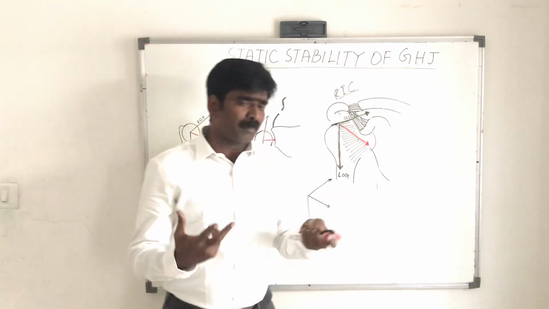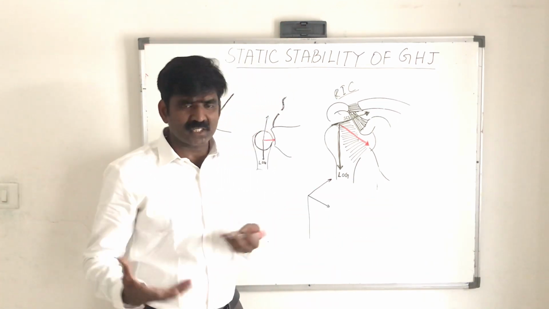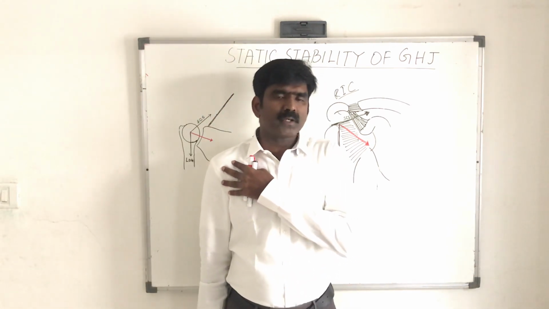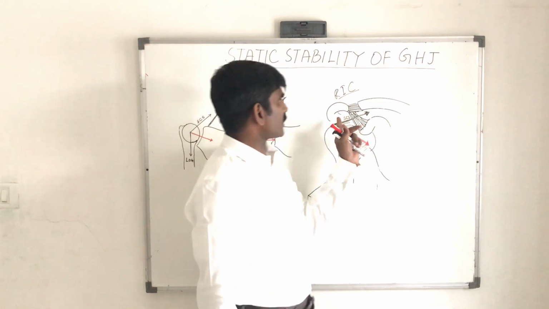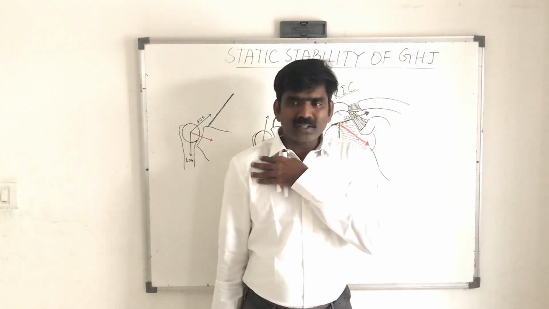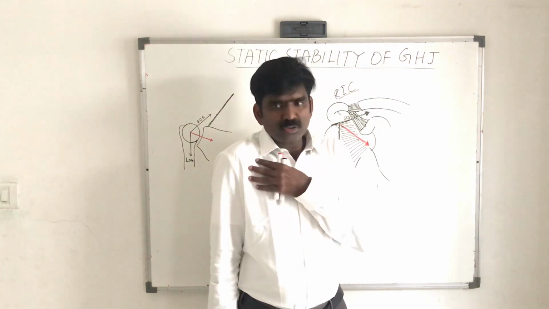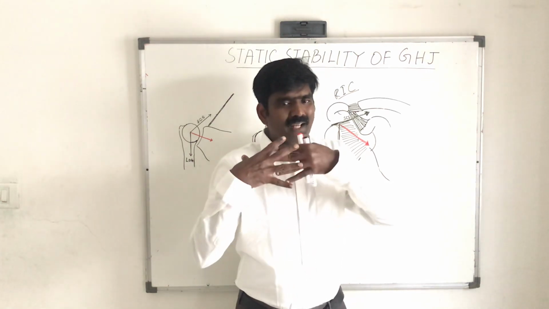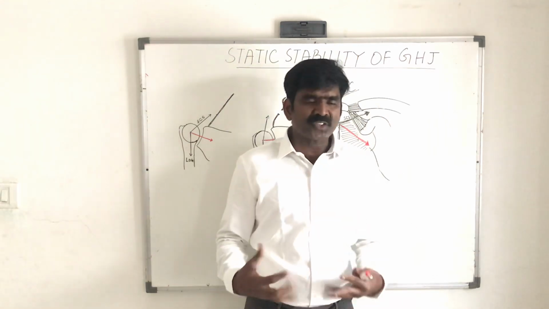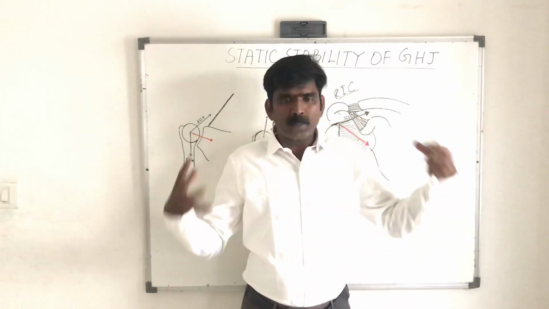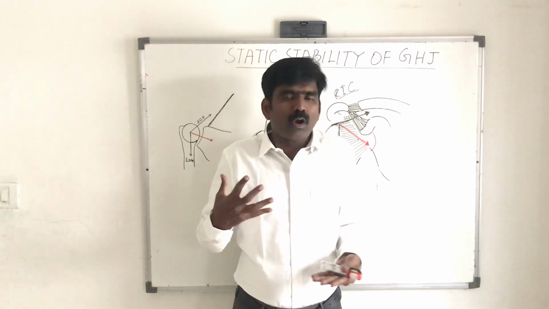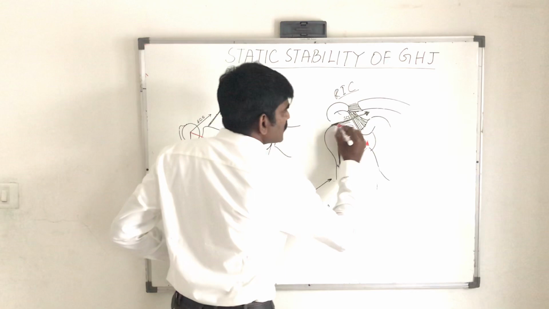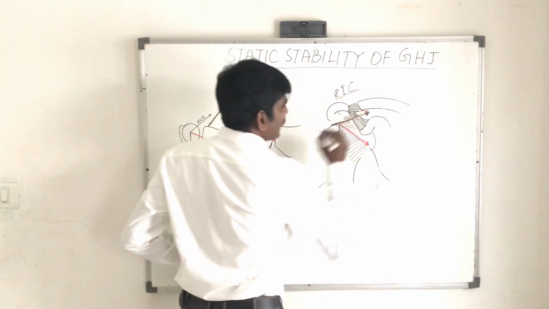Whenever in the dependent position, the superior capsular structures, the RIC, are in the stretched position. Clear? Because of the weight of the humerus, these three structures are in stretched position. So whenever these structures are stretched, it creates a tension called passive tension. This tension is acting in this direction. Now this force is acting in this direction.